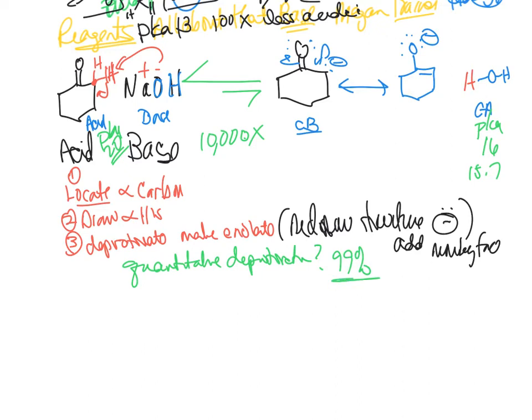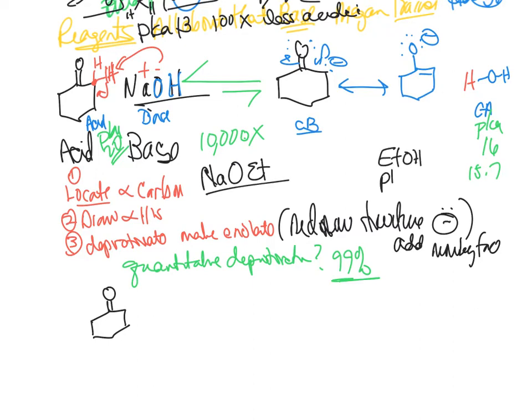So what if we did this reaction with LDA? Remember I told you, you've got this base and then the sodium alkoxide base. So let's say sodium ethoxide. Well then what is your pKa? 16. So that's going to be about the same as water. So sodium hydroxide is going to be the same as sodium ethoxide. I will tell you when to use which one.